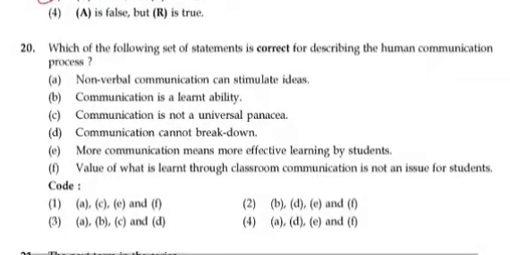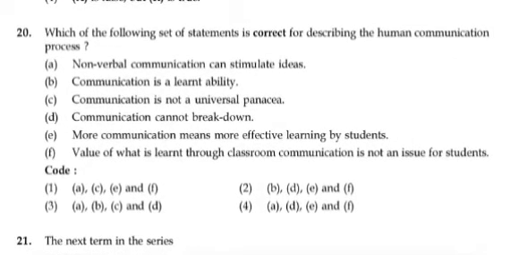Number 20. Which of the following set of statements is correct for describing the human communication process? A, non-verbal communication can stimulate ideas. B, communication is a learned ability. C, communication is not a universal panacea. D, communication cannot break down. E, more communication means more effective learning by students. F, value of what is learned through classroom communication is not an issue for students.